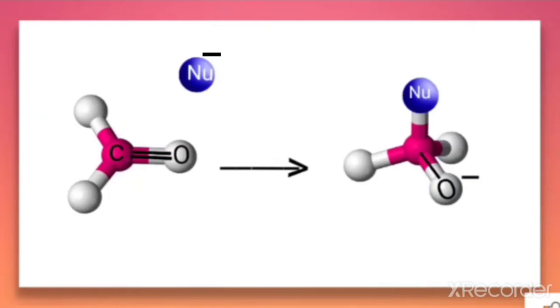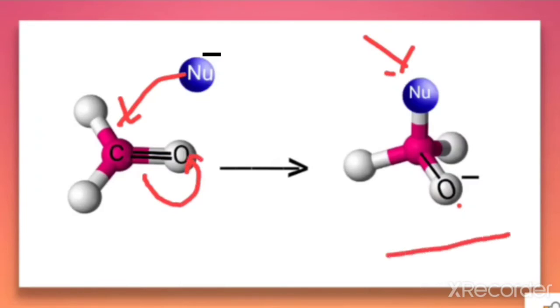Now you can see that the nucleophile is attached to this carbon atom, and the oxygen develops a negative charge. This is an intermediate having a negatively charged oxygen.